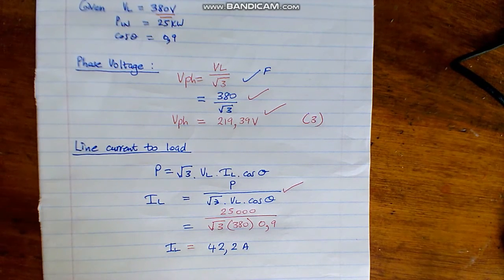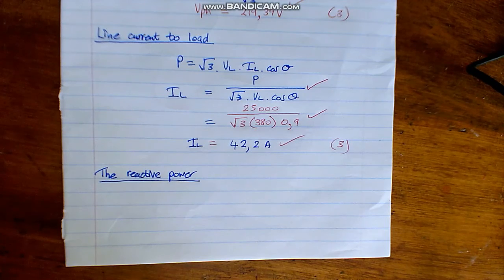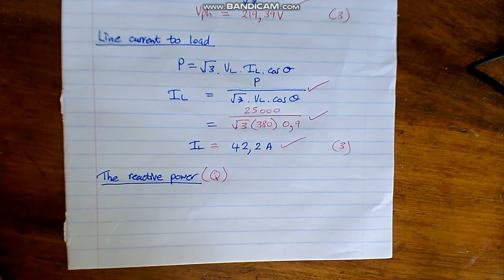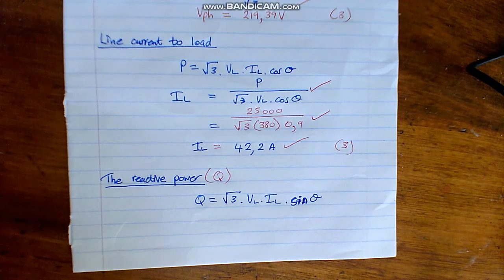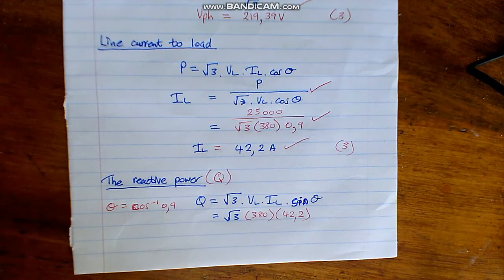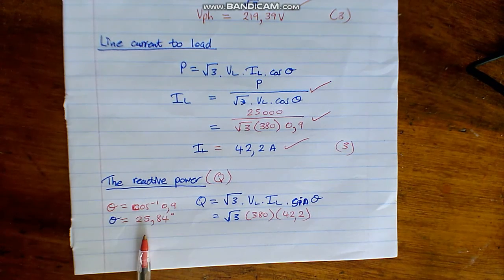The next question says the reactive power, and the reactive power is Q. The formula there is Q is equal to root 3 VL IL sine theta. 1 mark for the formula. Our VL is still 380. Our IL we calculated above. And don't forget, we need to find out what is the phase angle.